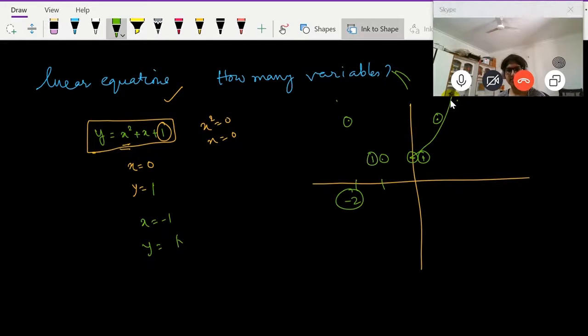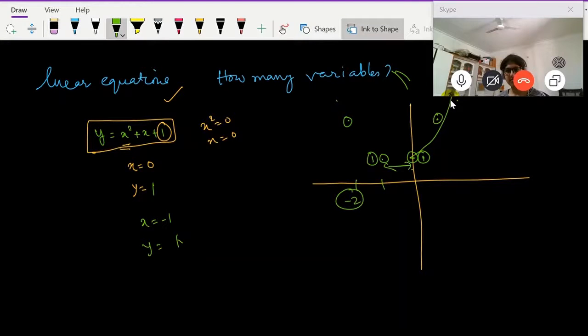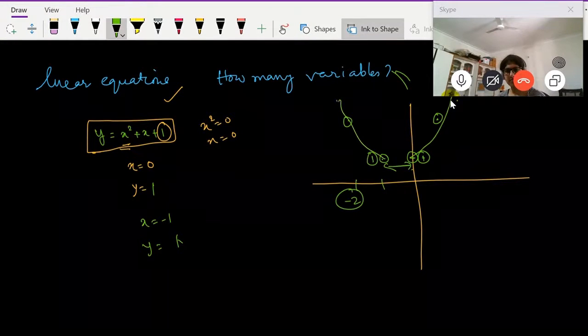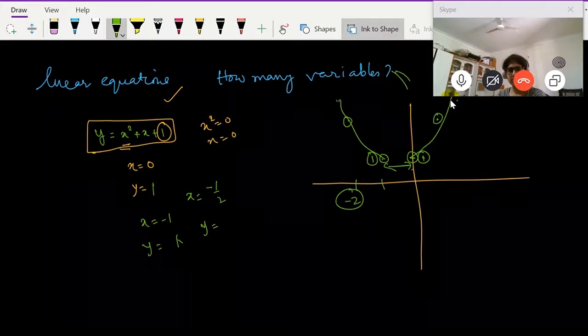What happens in between these two? We can understand that the graph will go like this, but something is happening in between. So take a negative fraction, half. So x equal to minus half. Okay. So y is how much? 1 upon 4.